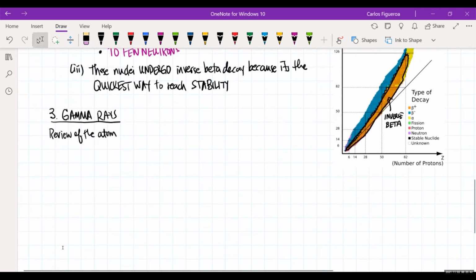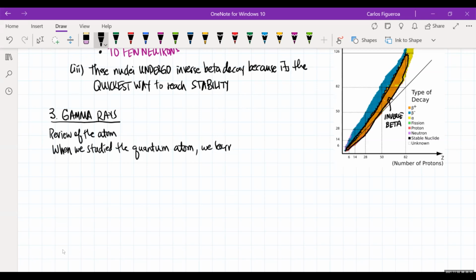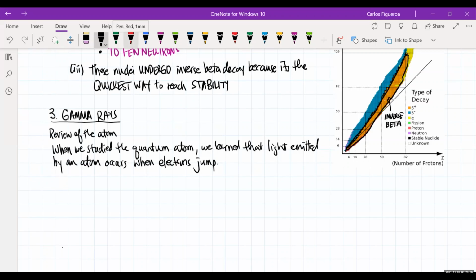One of the things that I really tried to get you to see here is this: when we studied the quantum atom, we learned that light emitted by an atom occurs when electrons jump. Okay, when electrons jump.